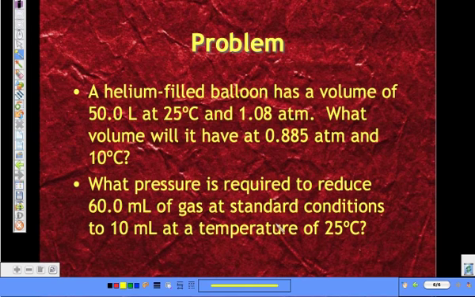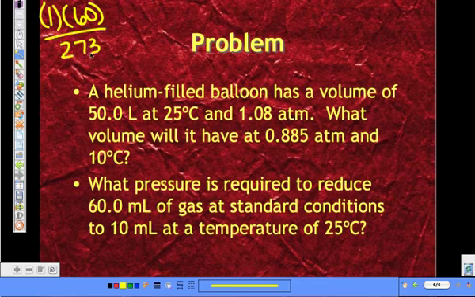So 273. So our P1 would be 1. V1 is 60 over T1 is 273. I'm going to write this here. Right here. 1 atm and 0 degrees Celsius. If it says standard conditions or STP, that's what they mean.